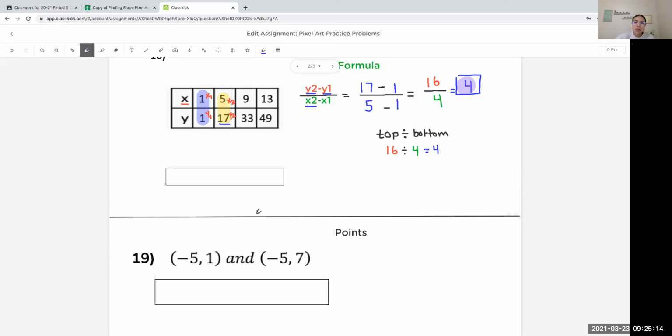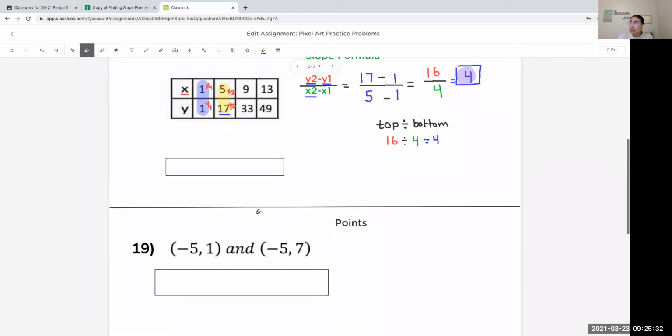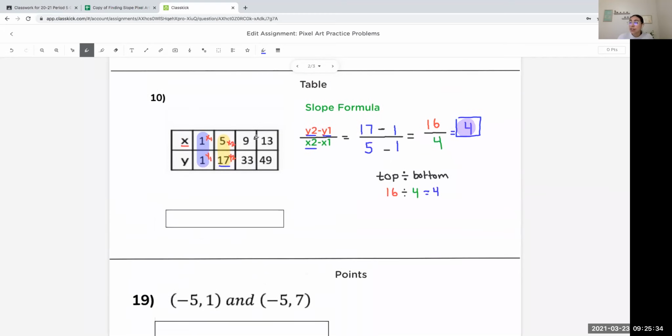And also because I had some students ask me a lot, What happens when I have a lot of negatives in the formula? What does that mean? So I want to show you what happens when you have a couple more negatives than in the other situations. Okay, so just like our table here, if you're ever working with just 2 points and you need to find the slope, we also have to use the slope formula.